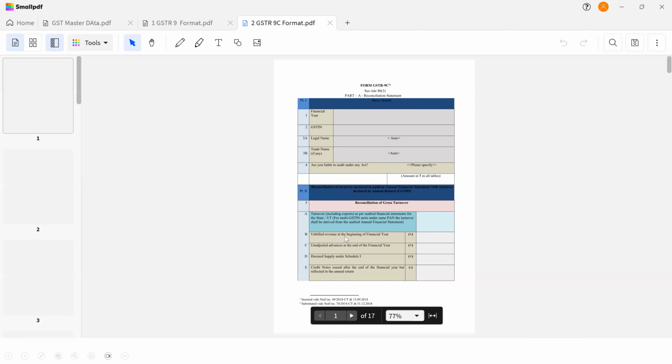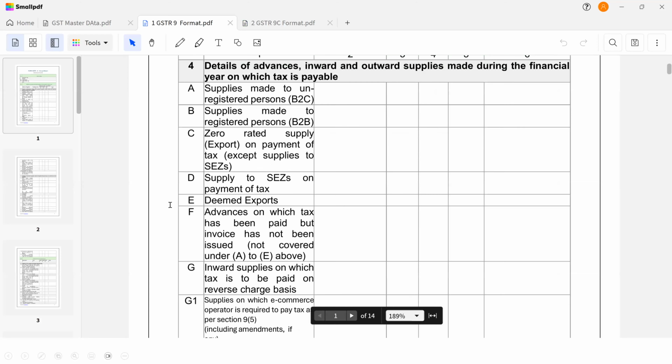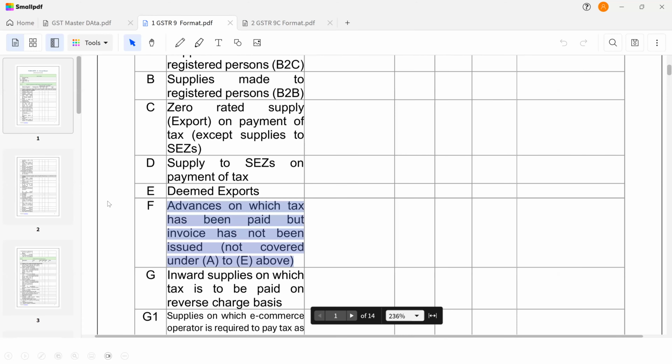GSTR 9. This is 4F, advances on which tax has been paid, but the invoice has not been issued. Not covered under A to E above. So the scenario is we have advances received in the financial year 22-23, advance of rupees 1 lakh.